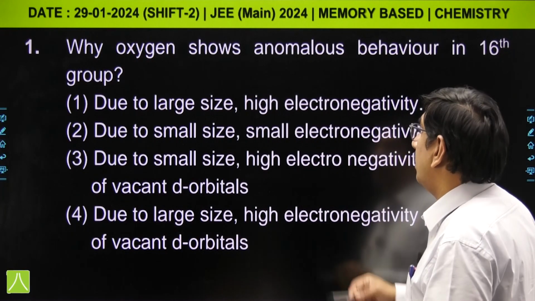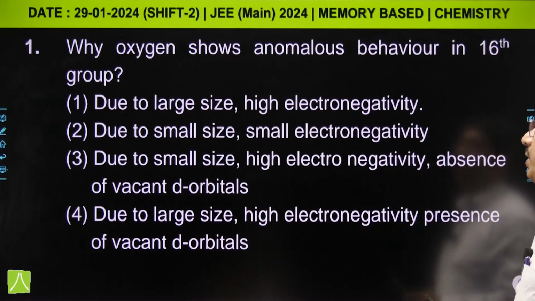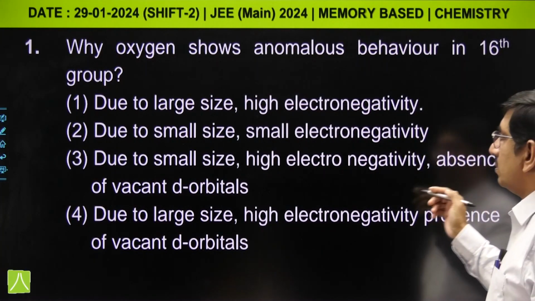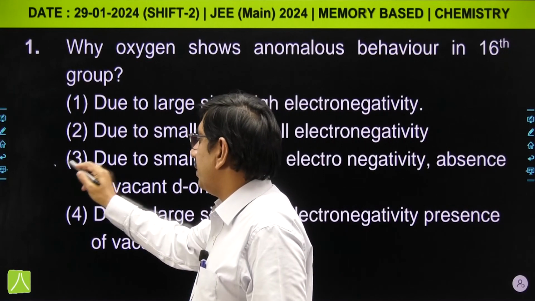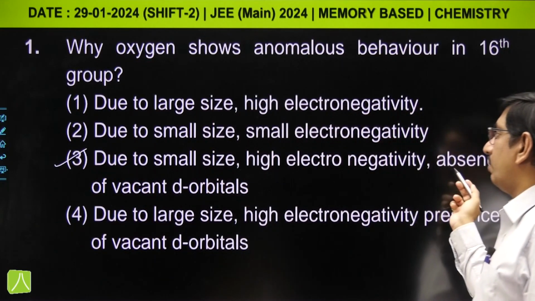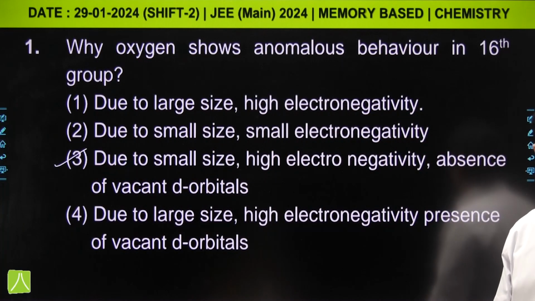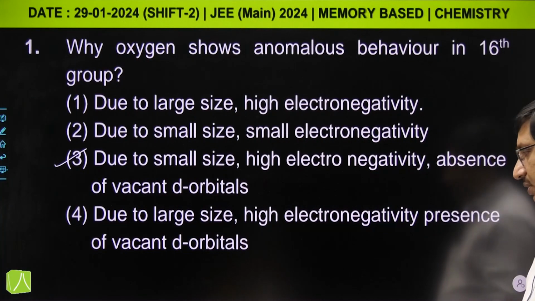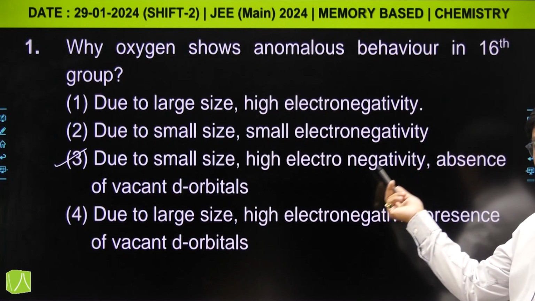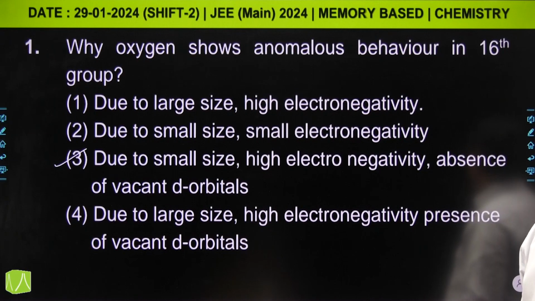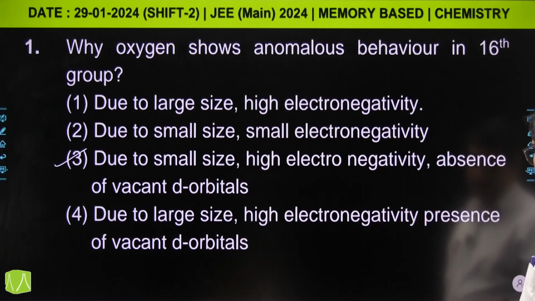So, the oxygen is showing anomalous behavior because of this reason, that is small size, high electronegativity and absence of vacant d orbitals. Not only oxygen, fluorine also shows anomalous behavior and nitrogen also shows anomalous behavior from the remaining group elements.